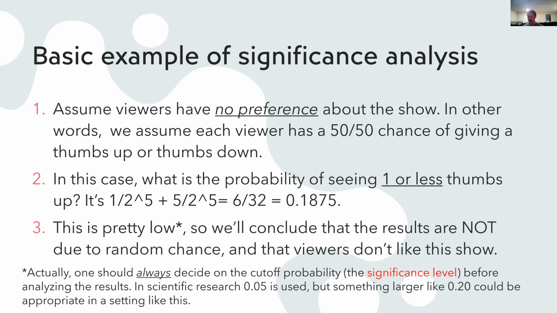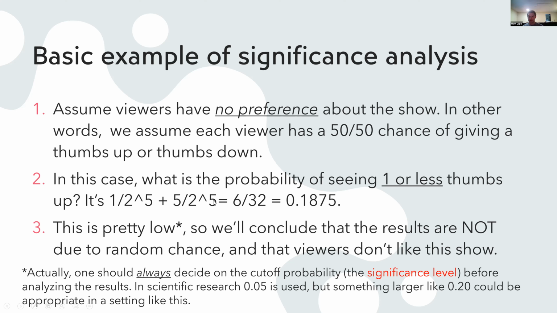Because remember, we're trying to see the probability of this 1 out of 5 thumbs up occurring if people actually don't care. So we'll assume that each viewer who comes in is going to give a thumbs up or thumbs down with a 50-50 chance, just like flipping a coin. So we're going to look at the probability of seeing 1 or fewer thumbs up in that case.